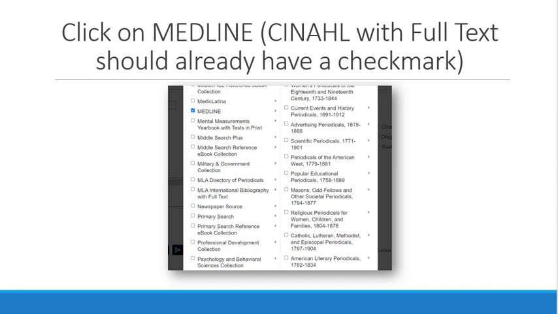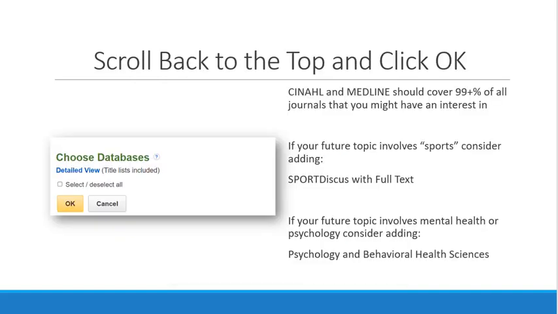You may want to also review the psychological search engines. It's important to keep track of which search engines you looked at because you'll include those within the methods of your dissertation. Okay, now scroll back to the top.